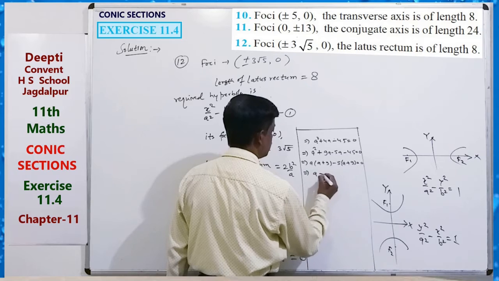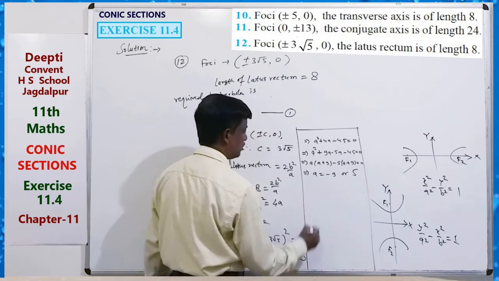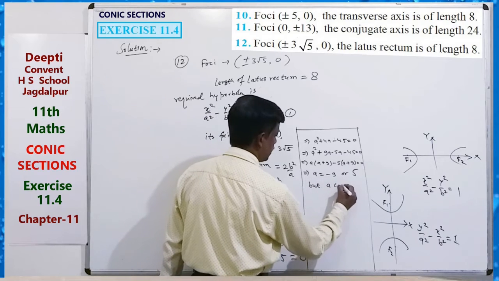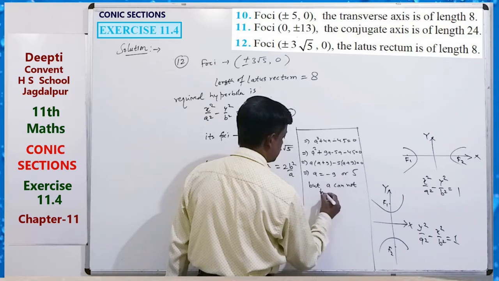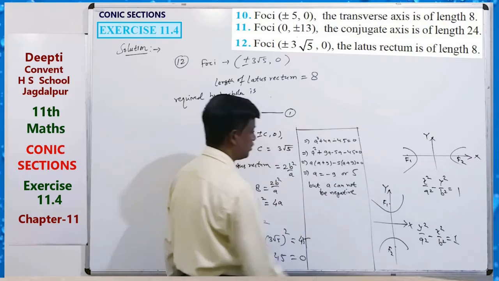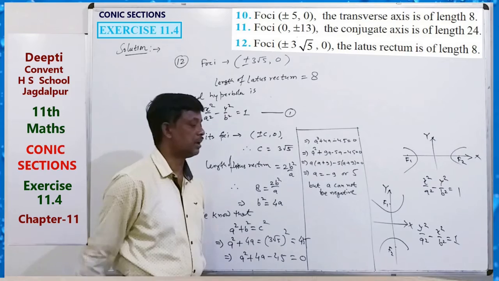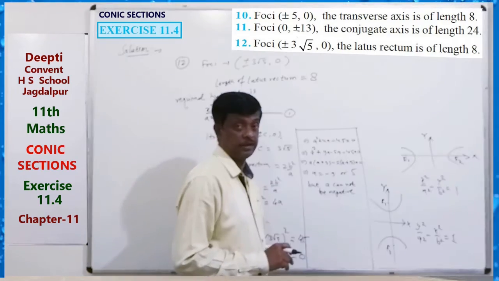So from here a equals minus 9 or 5, but a cannot be negative. A is a length, it cannot be negative.